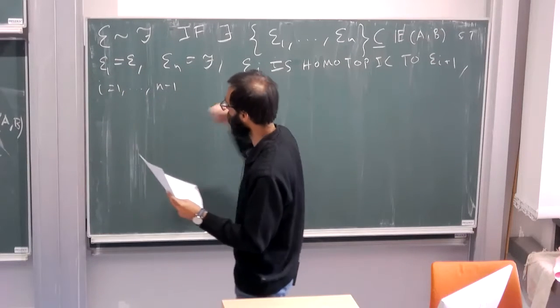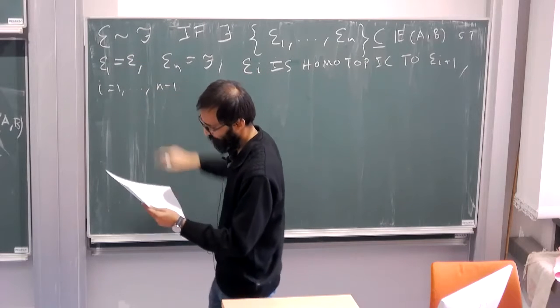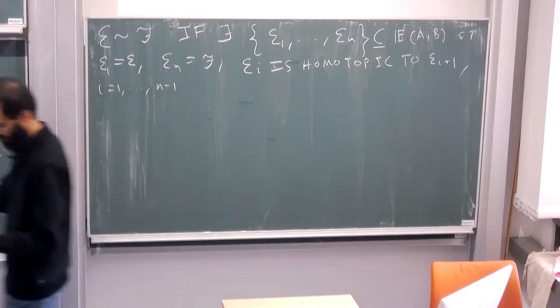So you have a chain of homotopies that connects E and F. Okay.